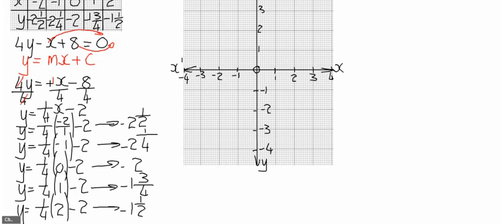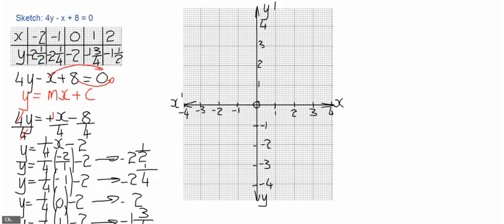Right, now we need to plot our coordinates from our table. The first coordinate is when x is -2, y is -2 and 1/2.